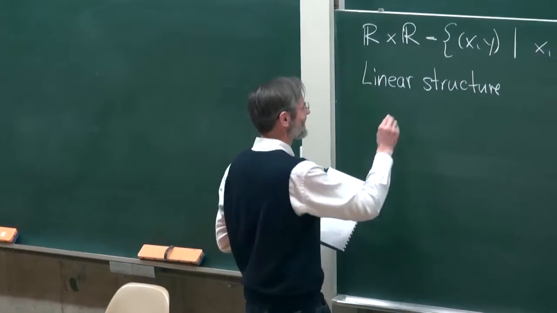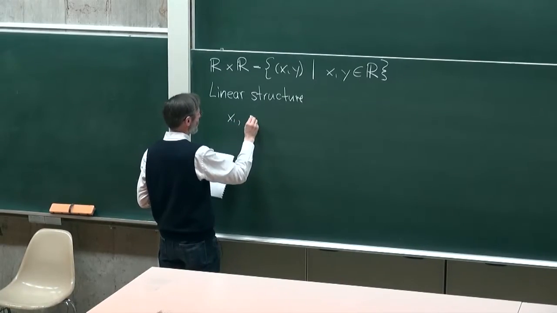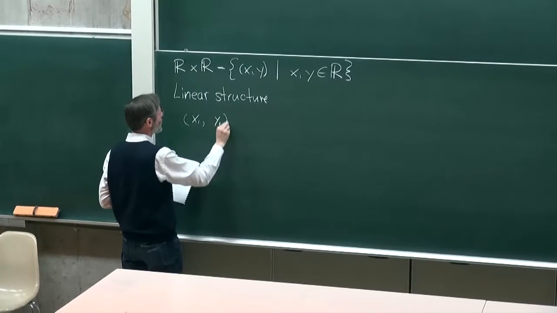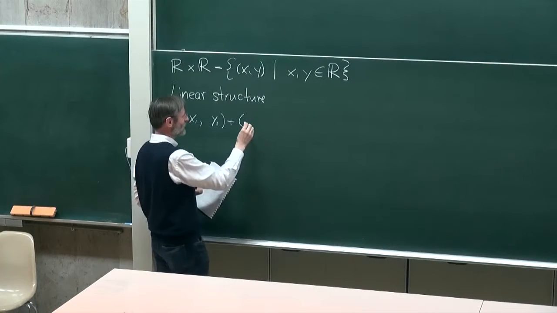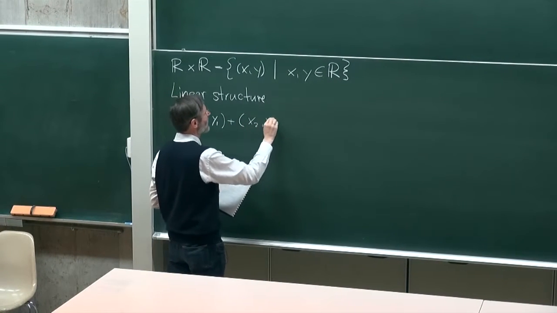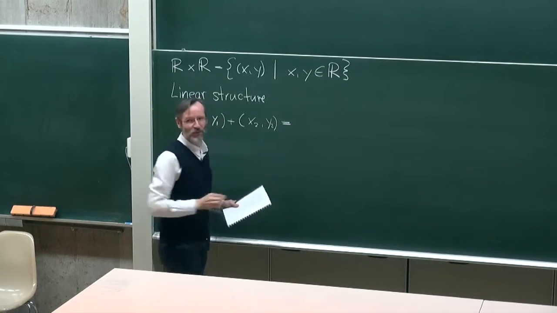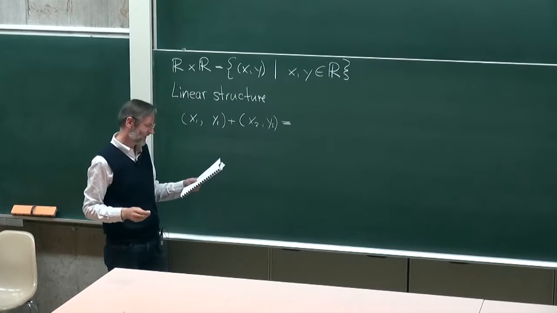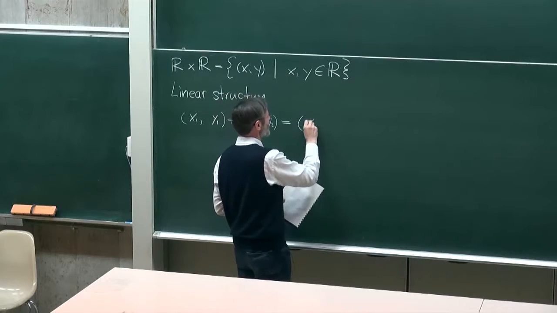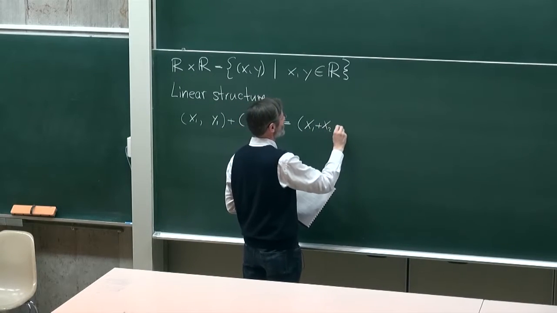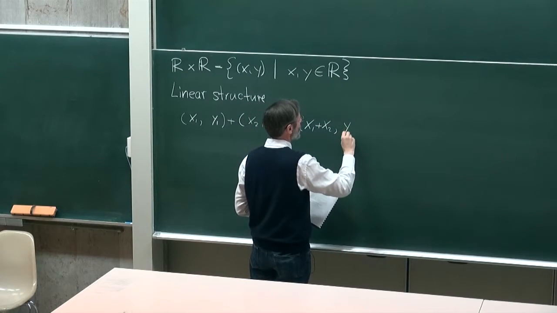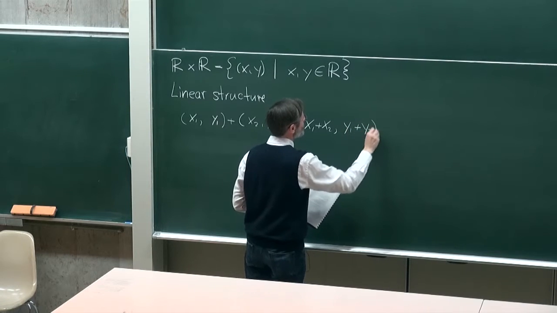So that is, if you have the first pair, x1, y1, you can add another pair, x2, y2, and you get a new pair of real numbers, that is x1 plus x2 and y1 plus y2.